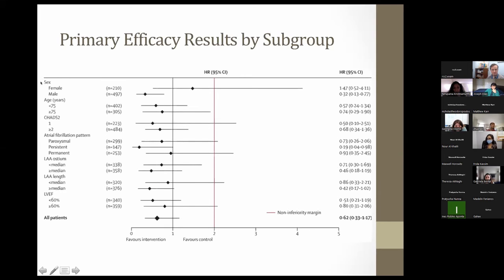So like we talked about with the previous forest plot, what is the plot for females and males? What is the conclusion? Like, what can you say in terms of non-inferiority among females and males?